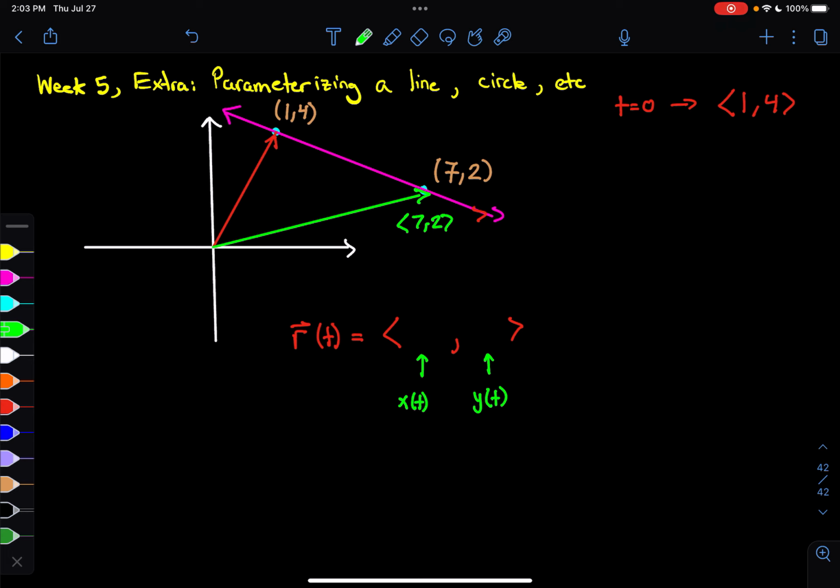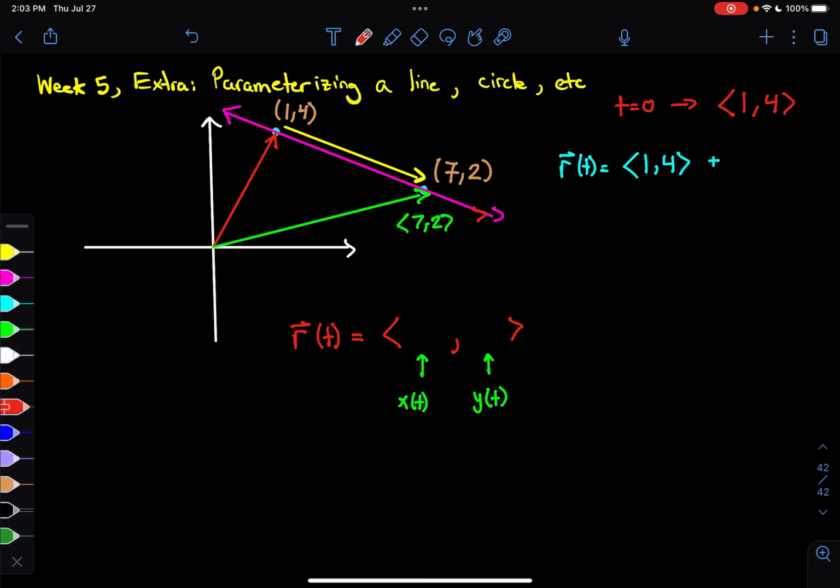And so the idea is that we construct r of t, right? We construct this vector equation by saying, okay, look, we want to start at the vector 1, 4, and then after some time, we want to end up at the vector 7, 2. Okay, so how do we do that? Well, courtesy of vector addition and subtraction, what we really need to figure out is what vector points in the direction of 7, 2.